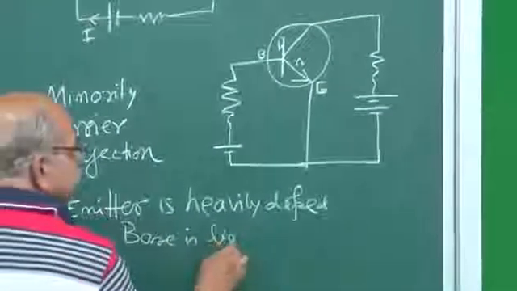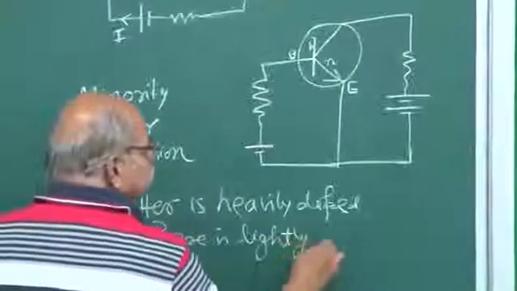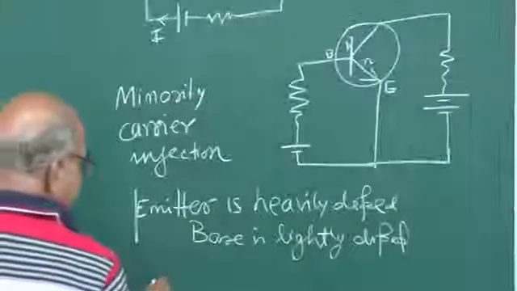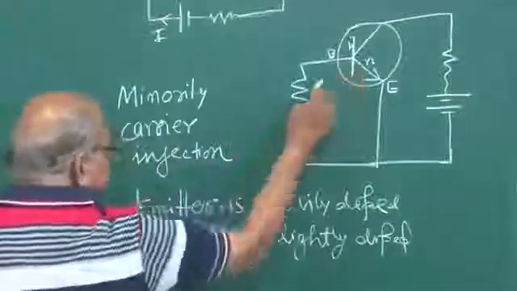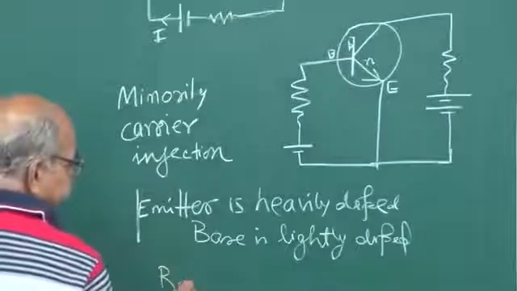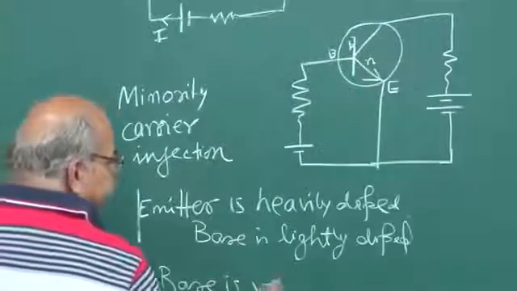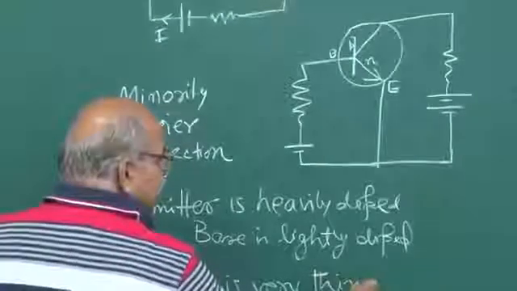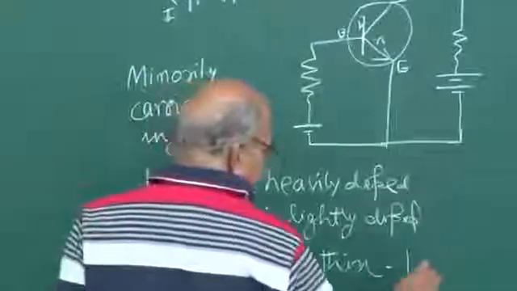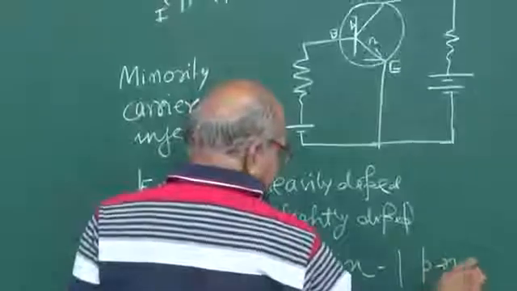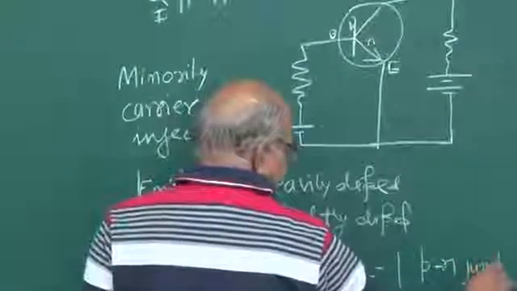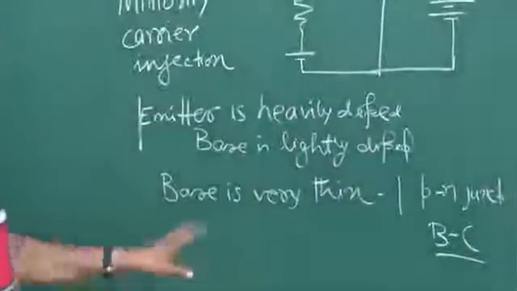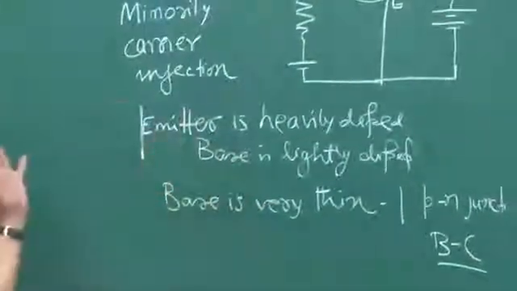This is one thing. And the other thing is this base is very thin, and after that you have this another PN junction. Which PN junction? Base collector. Base collector junction is right there.